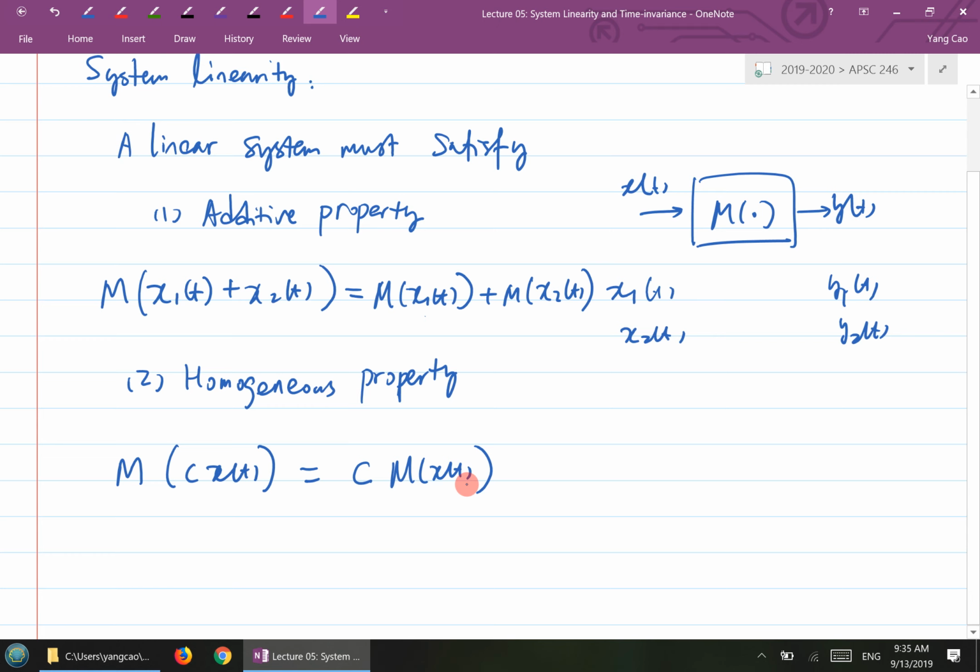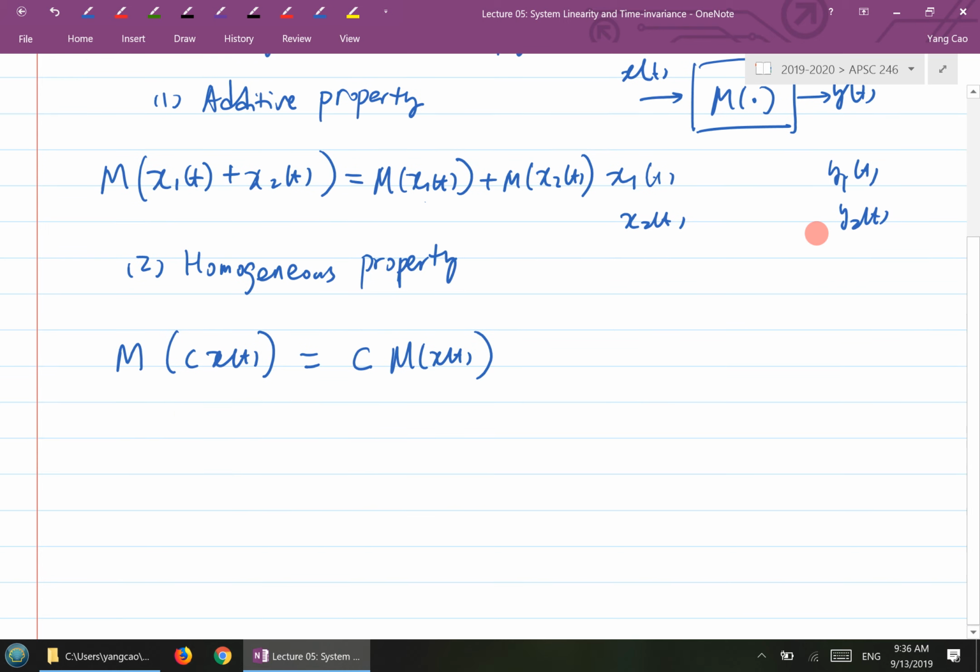And there is a property that can combine these two together, which is called the superposition property.